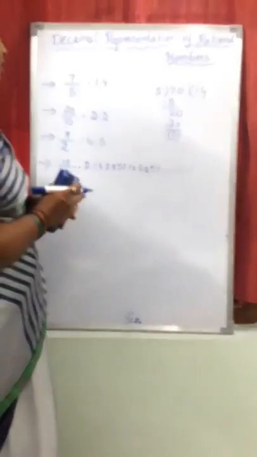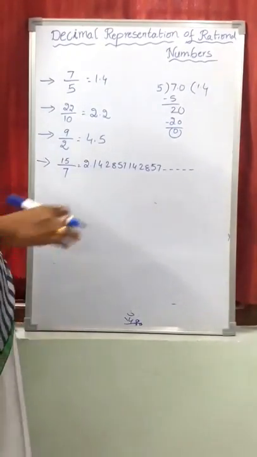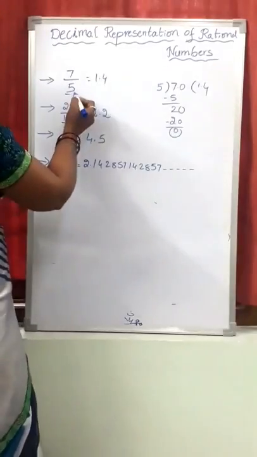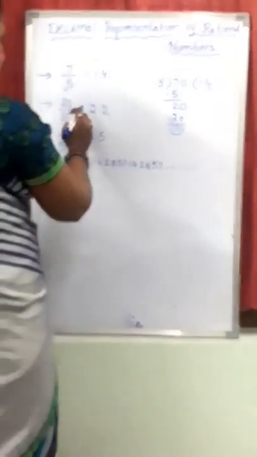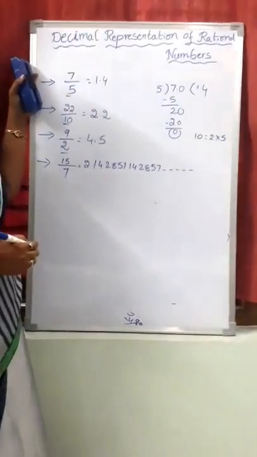Okay. Then how can we say without doing division? When you are observing the denominators here, the denominator is 5, here the denominator is 2, and here when you do the prime factorization of the denominator 10, we will get 2 into 5. Is it correct or not?